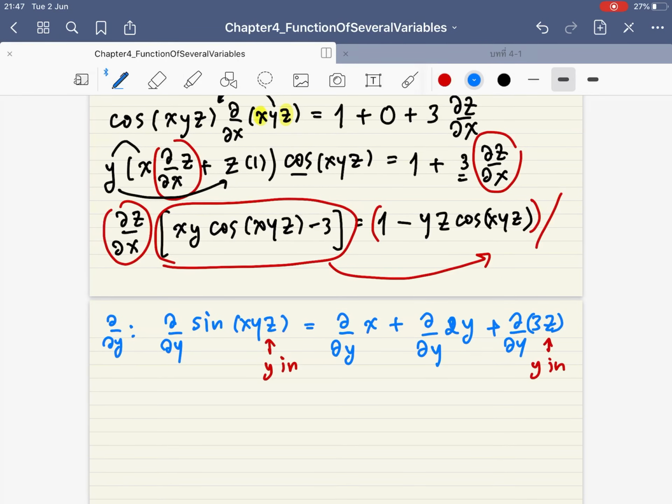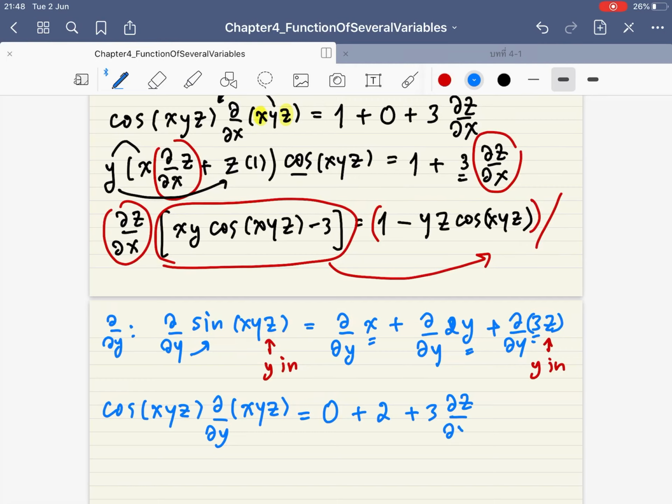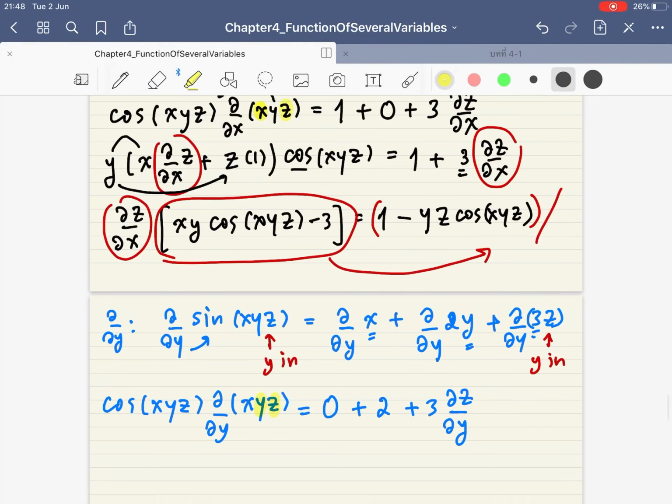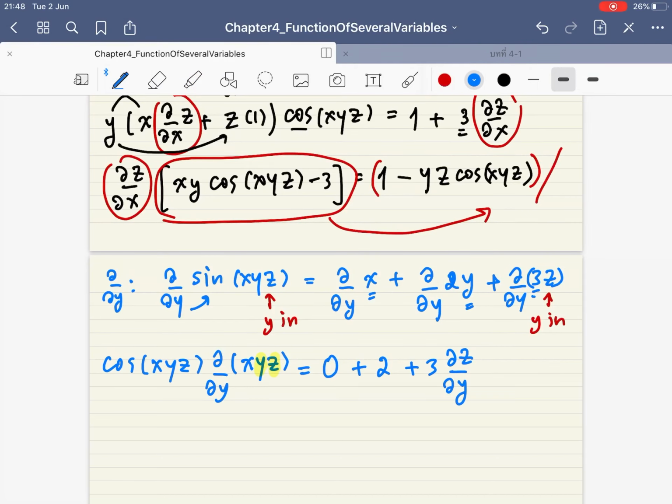So if you want to find this derivative, you got a cosine x, y, z, and then a derivative with respect to y of the function inside. This is a constant, this one is a 2, and this one is a 3, and a derivative of z with respect to y. So again, here you have y, there you have a function of y, so you need to use a product rule.